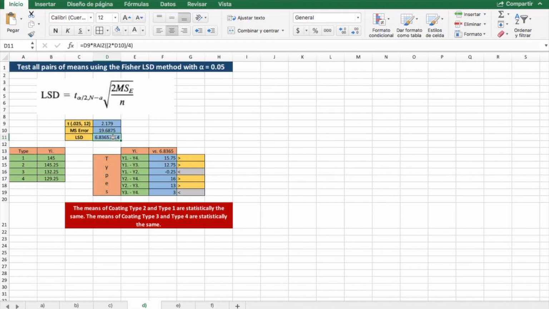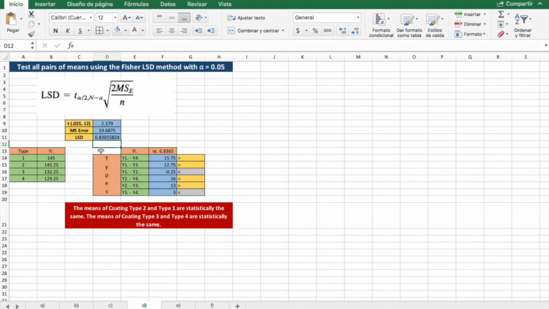To obtain the value of LSD, we simply multiply the t-value times the square root of 2 times the MS error divided by 4. And this gives us 6.8365.